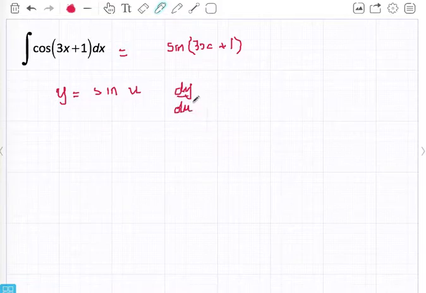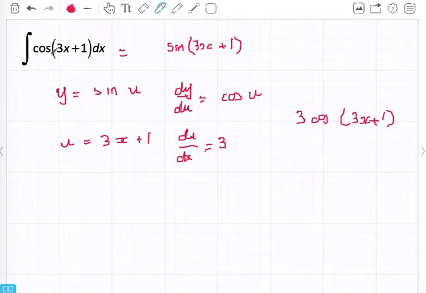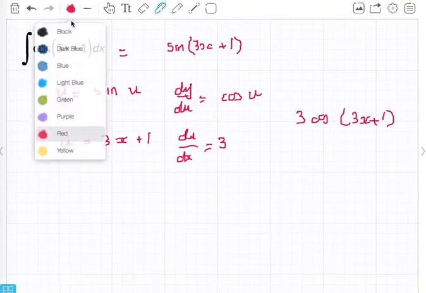Well, this one will come to cos u, so that's good. u equals 3x plus 1, and du by dx is going to come to 3. When I put these two together, I get 3 cos of 3x plus 1. And you can see once again, I've got 3 outside, and I don't want the 3. How do I get rid of it?